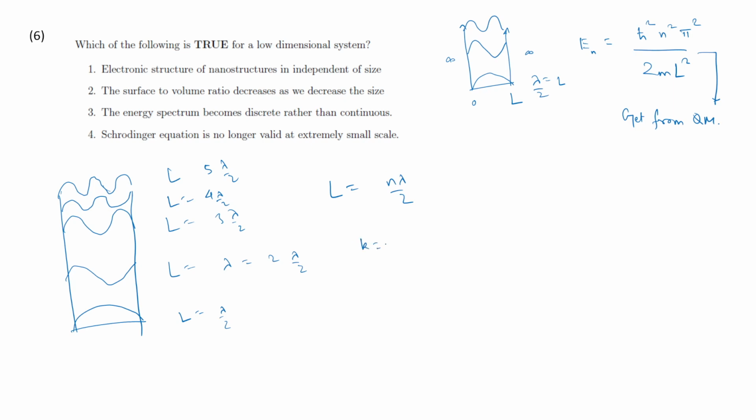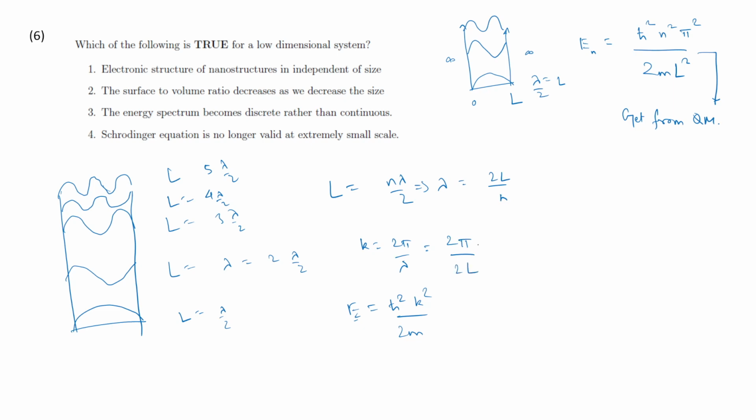And K is equal to 2 pi by lambda, and E is equal to h bar square K square by 2m. You put K, it is 2 pi by lambda. You can take lambda from here. Lambda is equal to 2L by n.